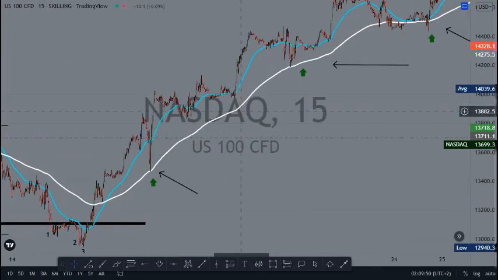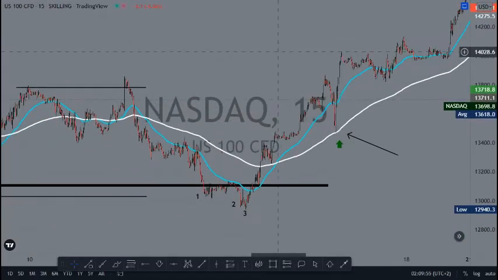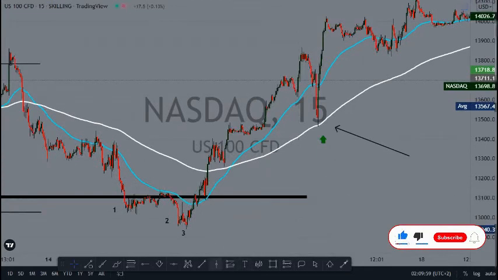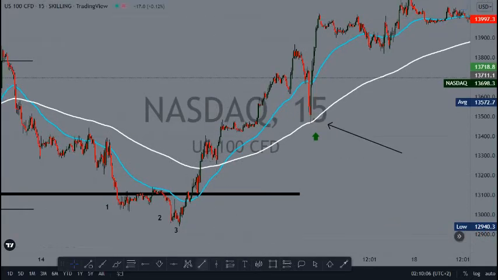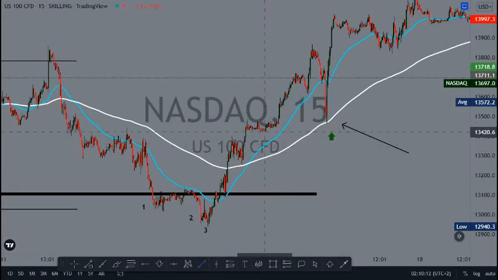After the peak formation, what is going to happen is I got my 50/200 cross just right here at this area. Let me mark it on the chart for you. This was my 50/200 cross, and then from there on the market traded upwards, came back to the moving average.